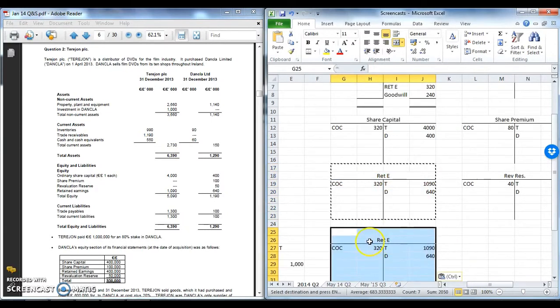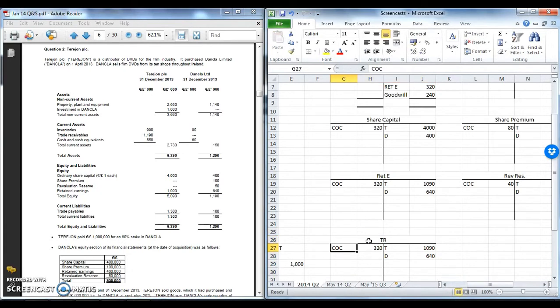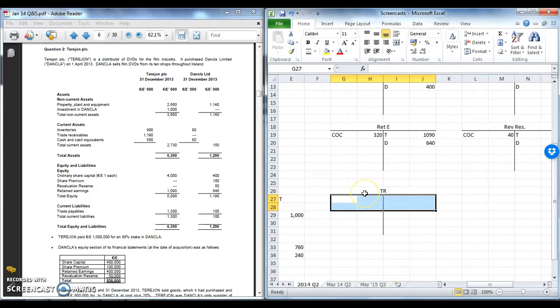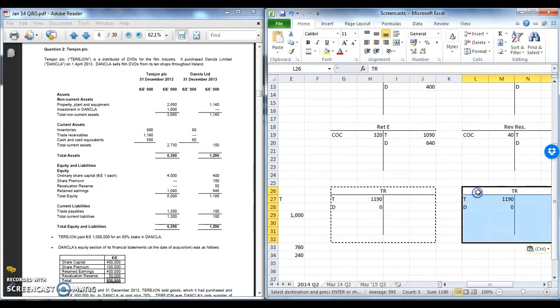Sometimes people find this cumbersome, but particularly when you go into complex questions in the main CAP2 exam, it's useful to have these done. You don't have to do all of them, you will get expertise in terms of which ones to do and which ones to leave out. But just for now, we'll show you the longer method. So T is 1190 and nil. And cash and cash equivalents, same method.